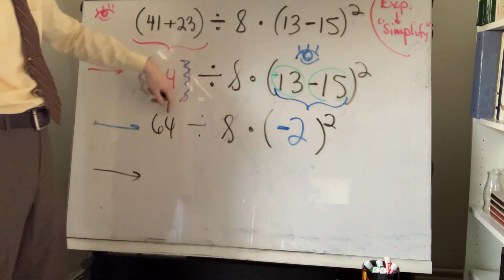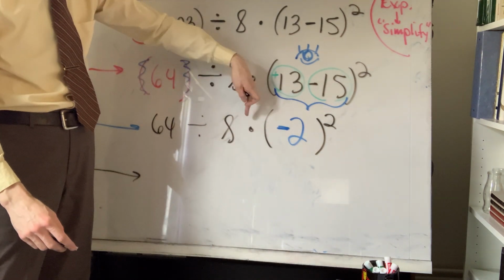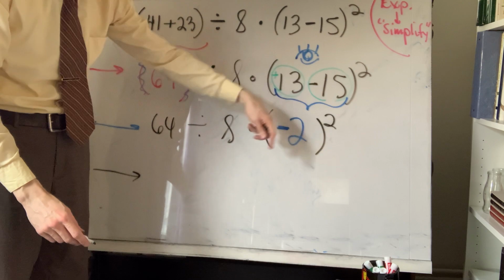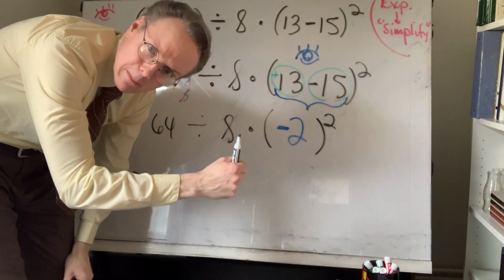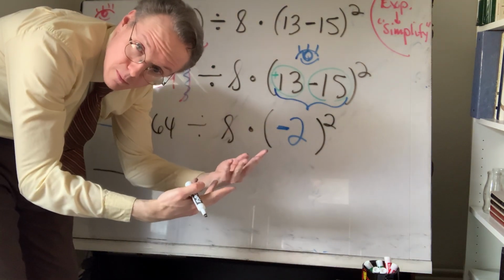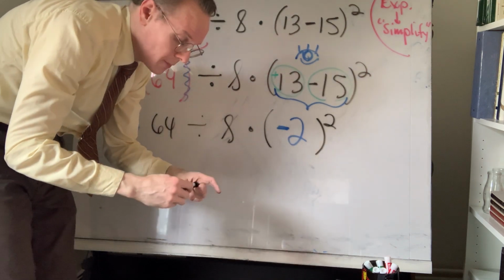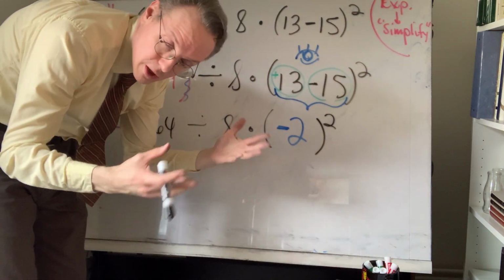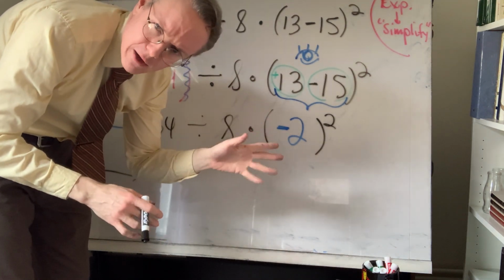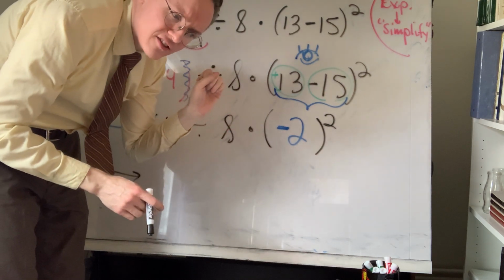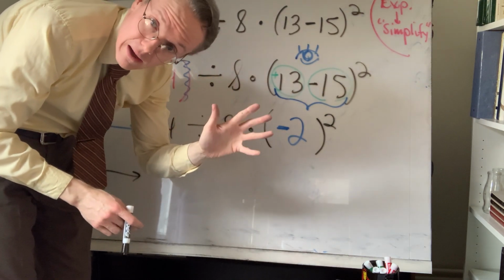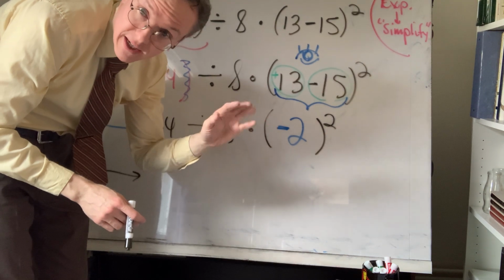You have 64 divided by 8, a division and a multiplication, and then exponents. Exponents are higher up the list. They're the more sophisticated form of multiplication. If you think about it this way, when you come to school, the expectation, right or wrongly, is that you kind of know how to count on your hands, right? And then they teach you a more sophisticated form of counting, which is adding. It's counting with symbols.